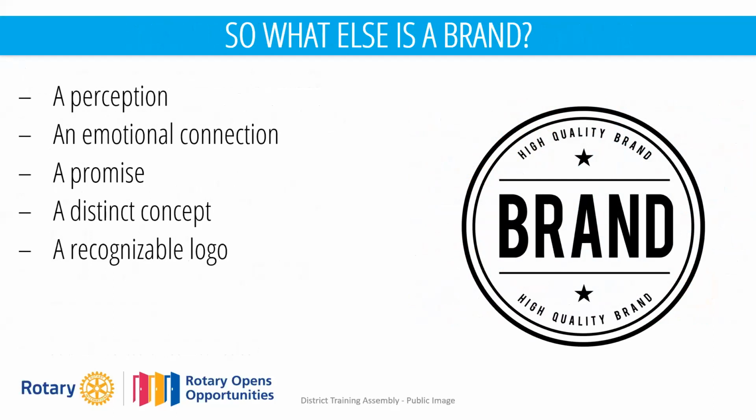It's a commitment to offering unique value and experiences. A distinct concept. It's how the organization differentiates itself from others. And a recognizable logo. Used consistently and repeatedly, it provides instant recognition and understanding.